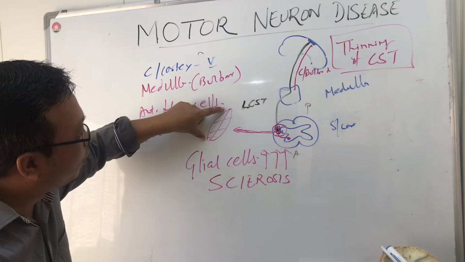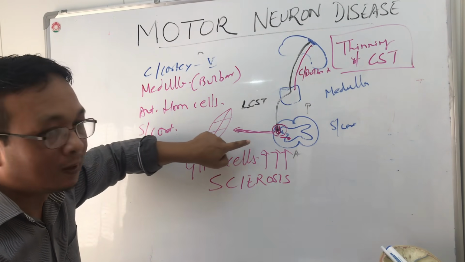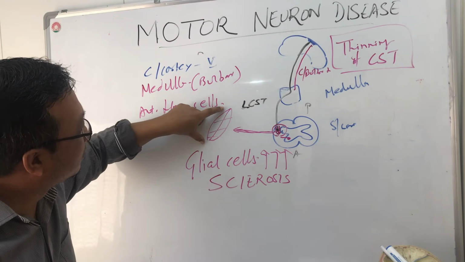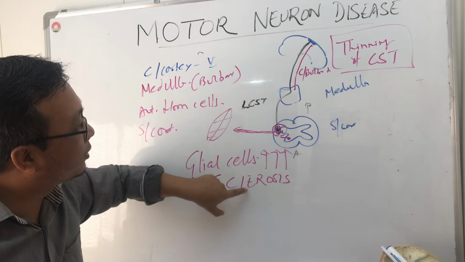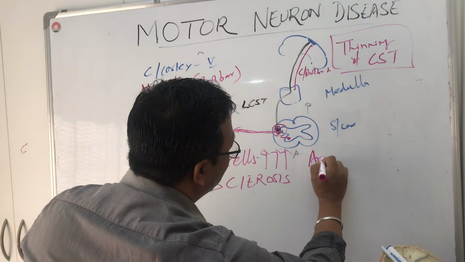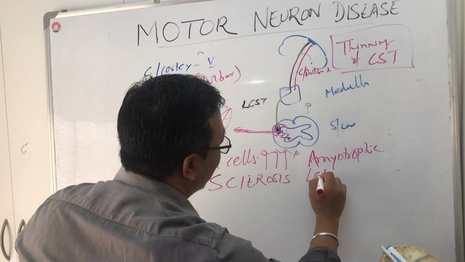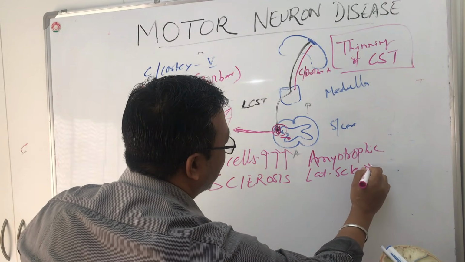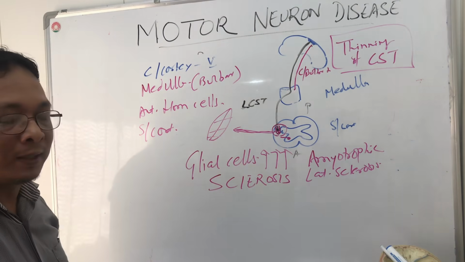So there is muscular atrophy as a result of this lower motor neuron type of paralysis. As a result, there is muscular atrophy and there is sclerosis. Where is the sclerosis? On the lateral side. So together we call it amyotrophic lateral sclerosis. Sclerosis means thickening. So together we call it amyotrophic lateral sclerosis.